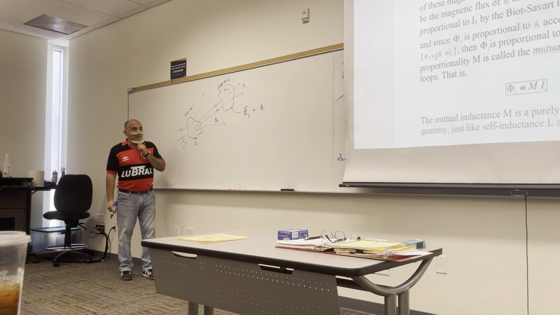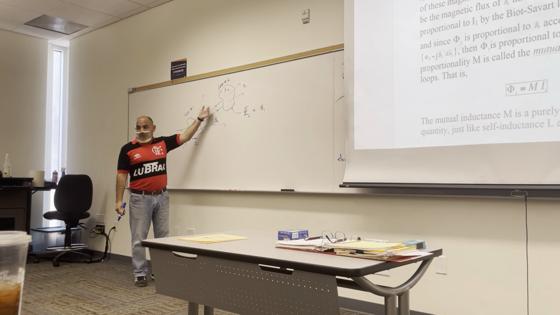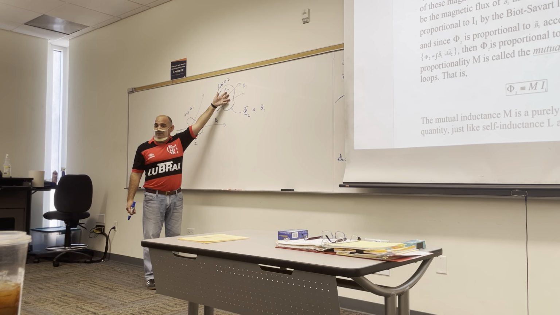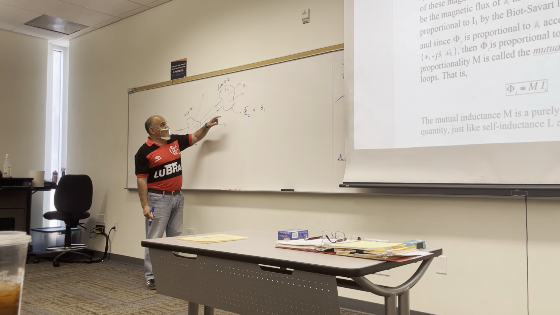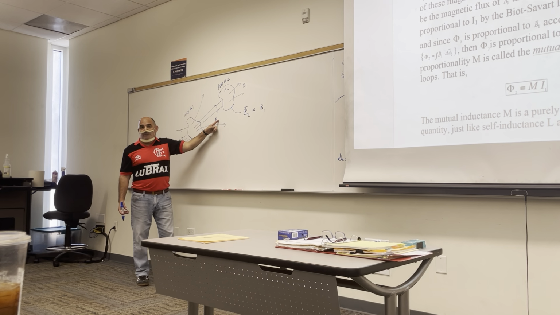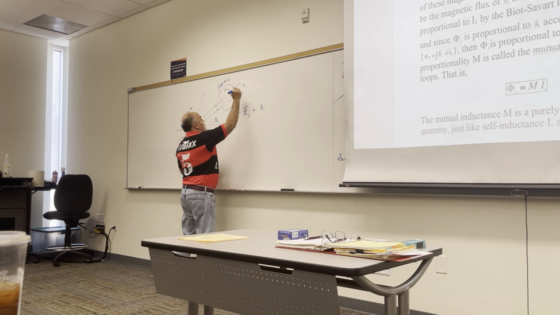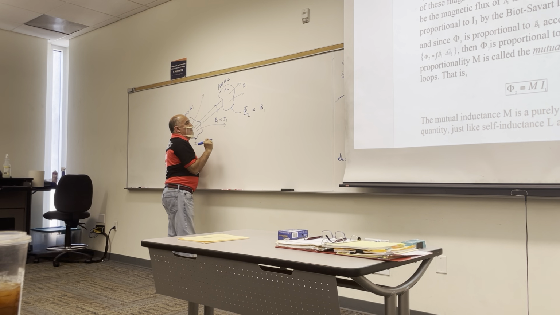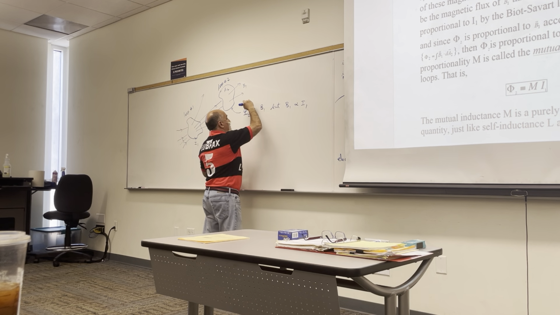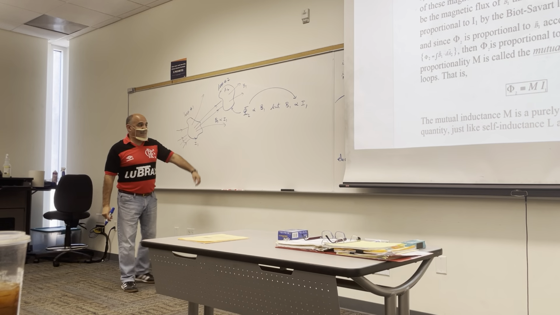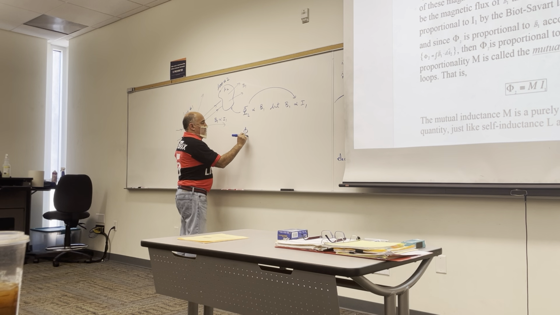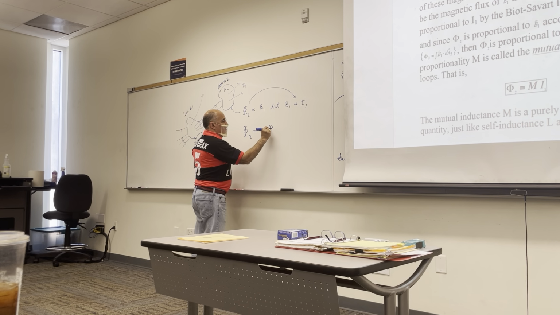The magnetic flux through this loop will be proportional to this magnetic field B1. The greater the magnetic field produced by the current in the other loop, the greater the magnetic flux through loop number 2. But what's producing B1 is the current I1, so B1 is proportional to I1. So what is the constant of proportionality between the current in loop number 1 and the magnetic flux in loop number 2?